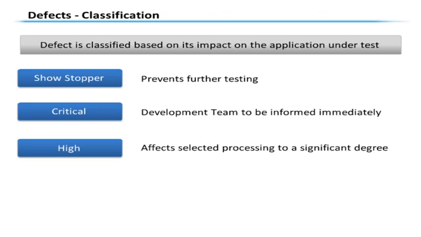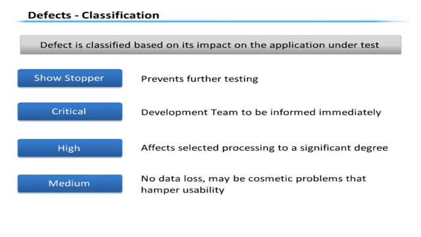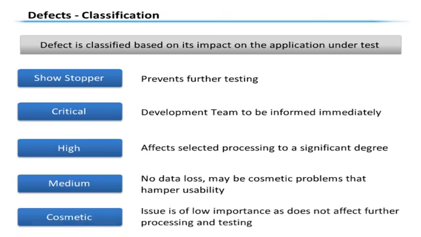Number 3. High. There's a major loss of functionality here. Number 4. Medium. There's a minor loss of functionality. Number 5. Cosmetic. The issue is of low importance as it does not affect further processing and testing. Let's take a look at the templates.